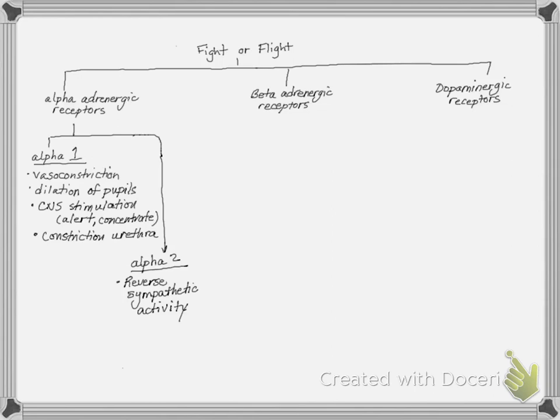You don't need to be in fight or flight all the time. So we have a mechanism intact. We have alpha 2s that when stimulated, they actually inhibit our sympathetic response. So I'm going to put that here, inhibit. When it's stimulated, it inhibits, which makes it very different than everything else.